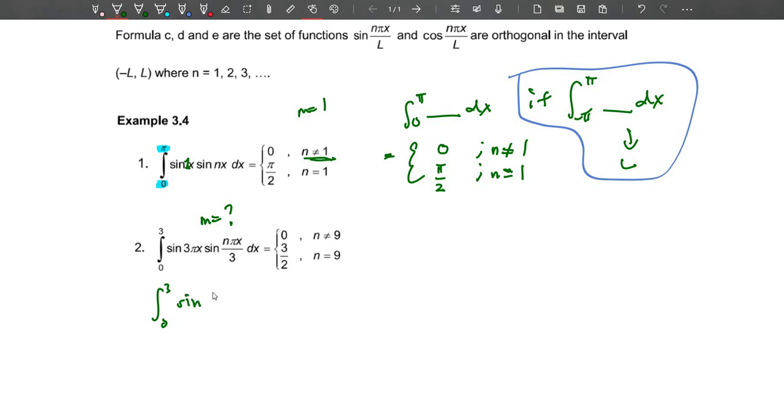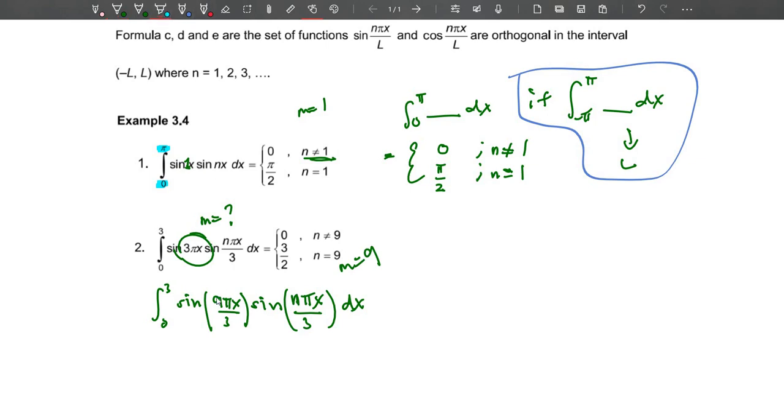So here it is sin 9 pi x over 3, sin n pi x over 3 dx. That means if n is divided by 3, for this term m should also be divided by 3. In order for this to be 3 pi x, it should be 9 pi x over 3. That means we know that here m is equal to 9.